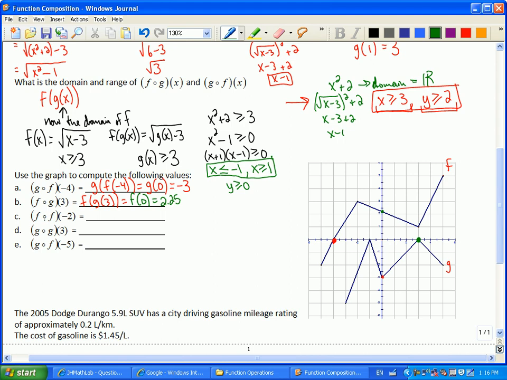Okay, so try doing it now for f of negative 2, and g of 3, and g of f of negative 5. So I'll try and catch up. I know some of you are still discussing it.